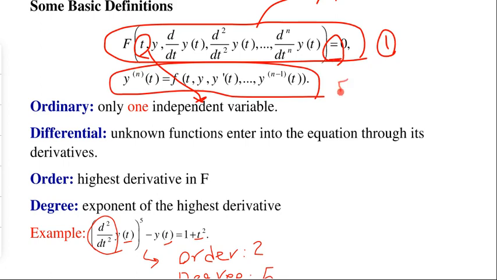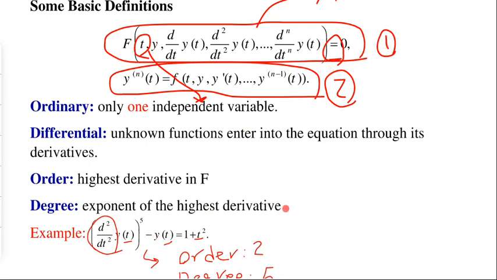You can use this format: all of your terms will be on the left hand side and the right hand side will be 0. Or you can use this format: you can bring the highest order derivative to the left hand side and the other terms will be on the right hand side. Here we will have the second format.